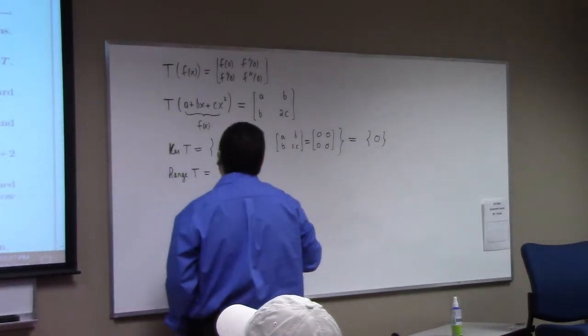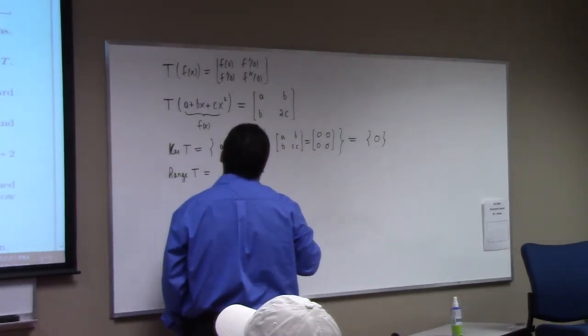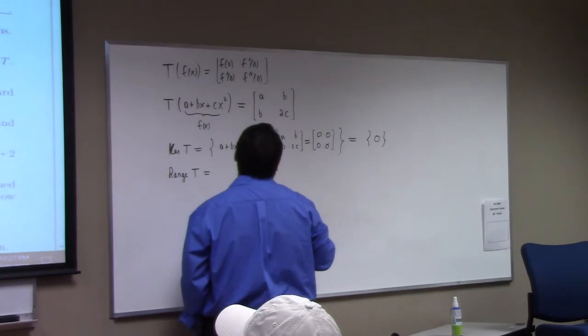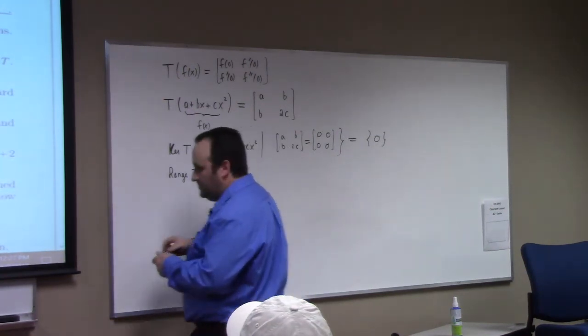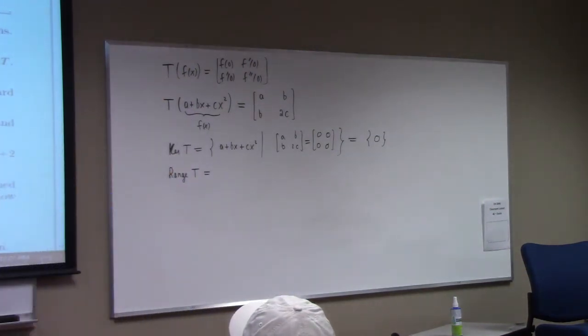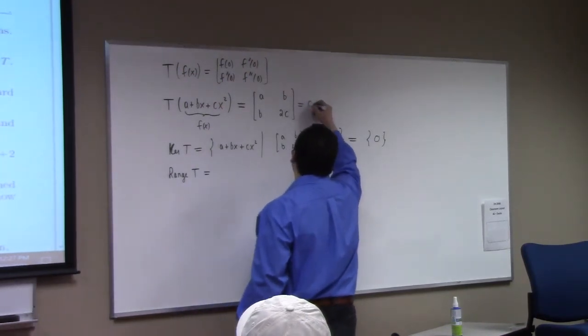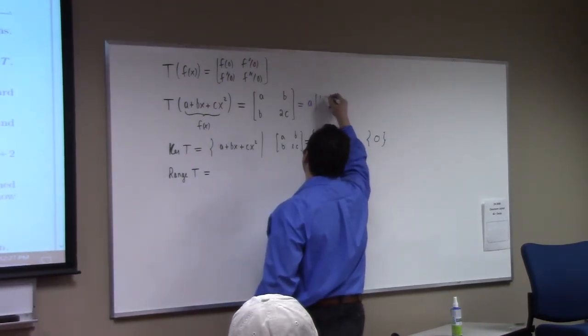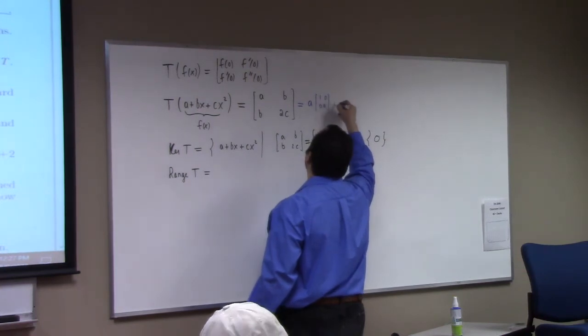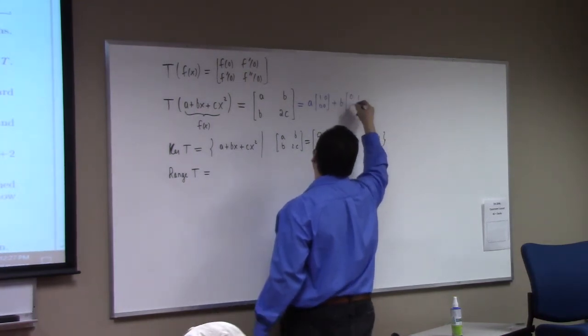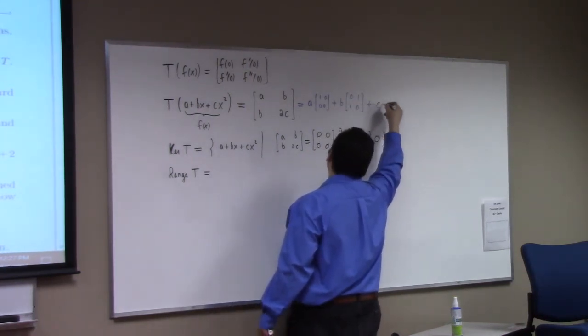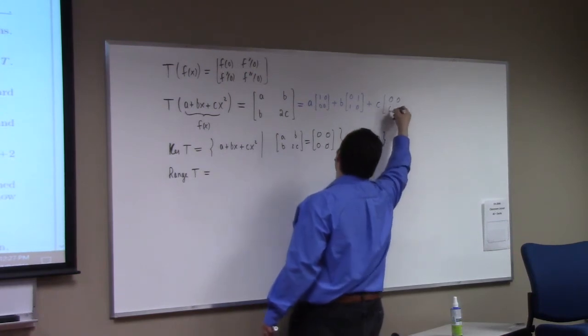Range T, what is it? Well, I would point out that if you go back up to our formula, you can rewrite that as a times 1, 0, 0, 0, plus b times 0, 1, 1, 0, plus c times 0, 0, 0, 2.